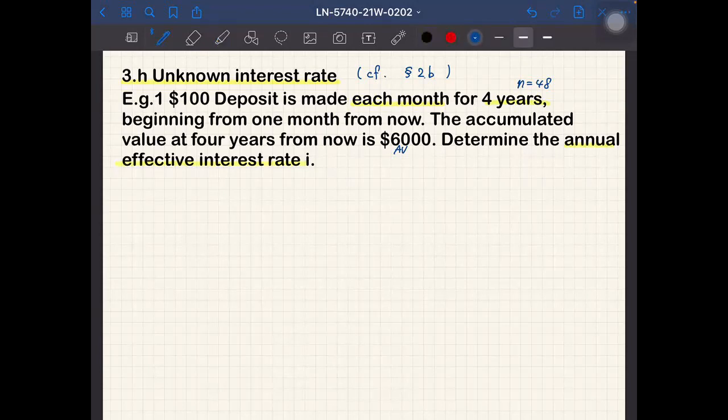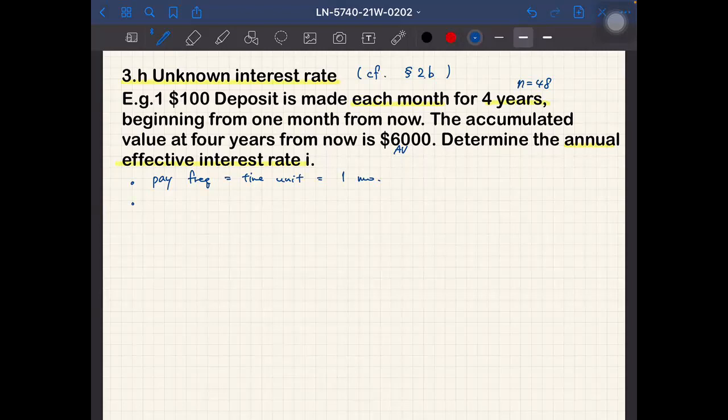So there are several points. The first point is the payment frequency. That should be the time unit, so this is 1 month.